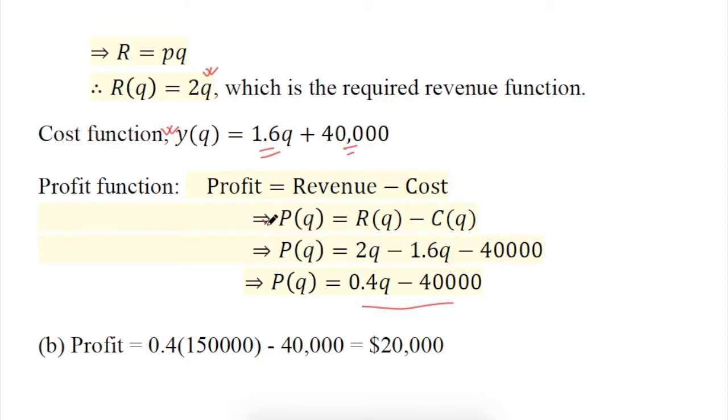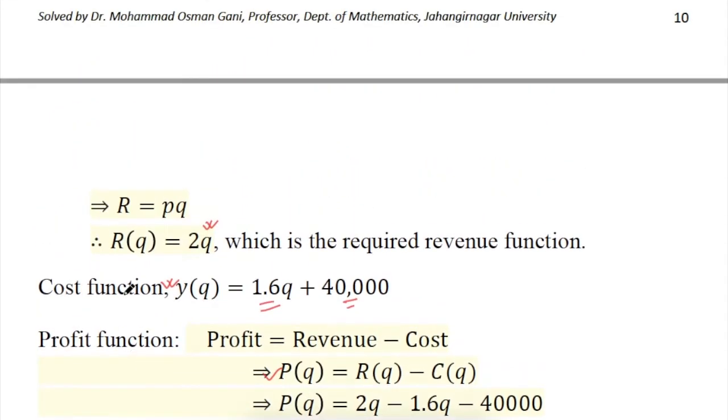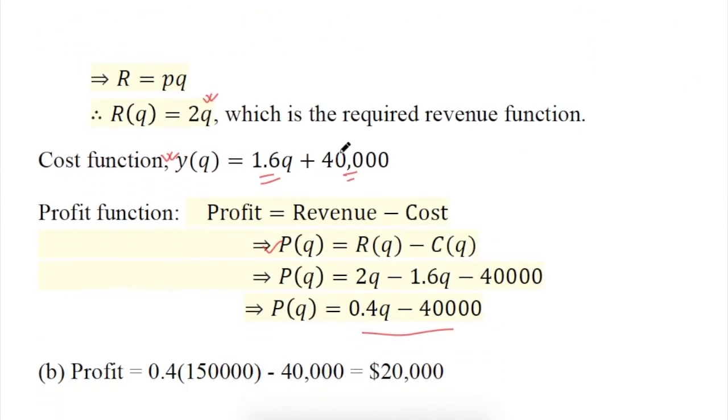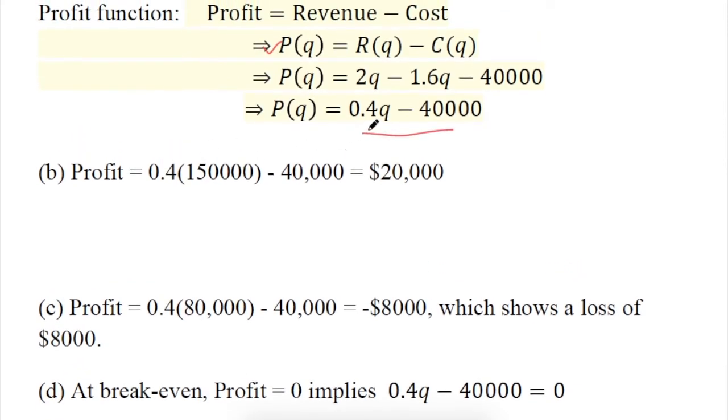So the profit function you can calculate by this formula, profit equals revenue minus cost. Profit for 150,000 units will be what? If you just put 150,000 here instead of Q, then you will get this amount, that will be 20,000.